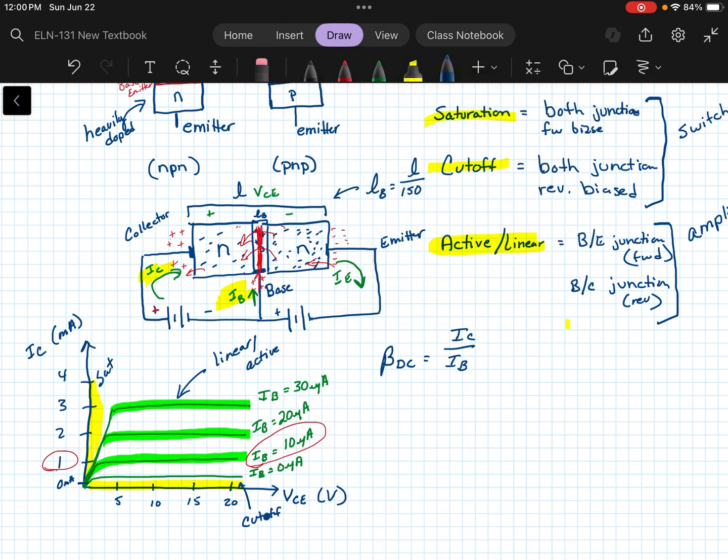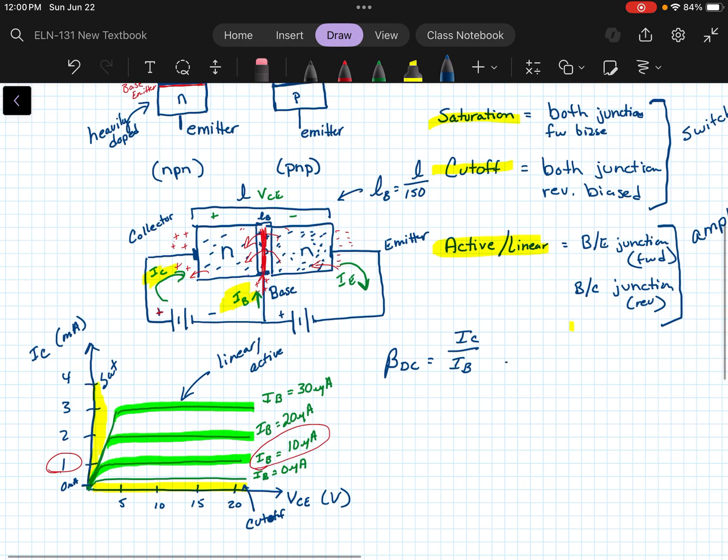Okay, so let's go back to some equations here. The beta, again, is the ratio of collector current to the base current, IC to IB, which means that IC is just beta times IB, or of course IB is IC divided by beta.